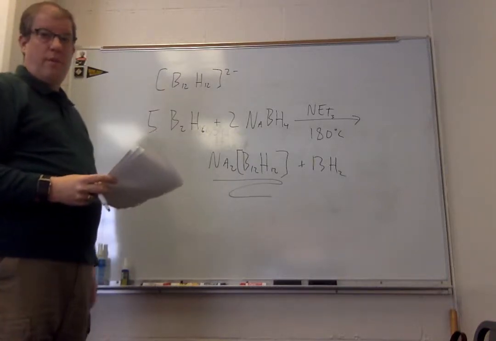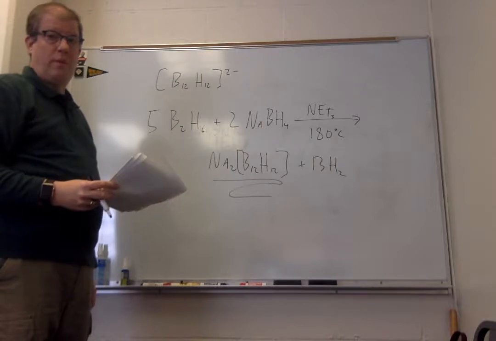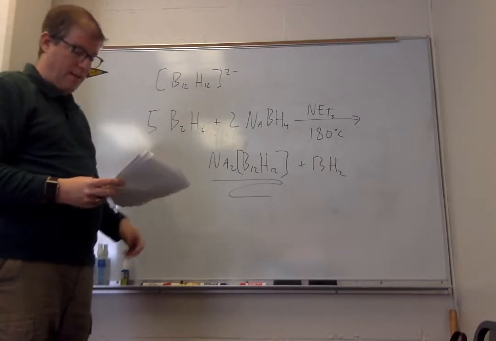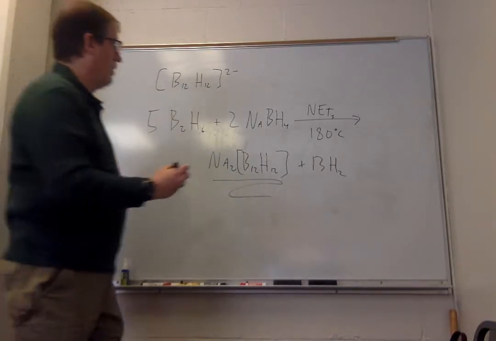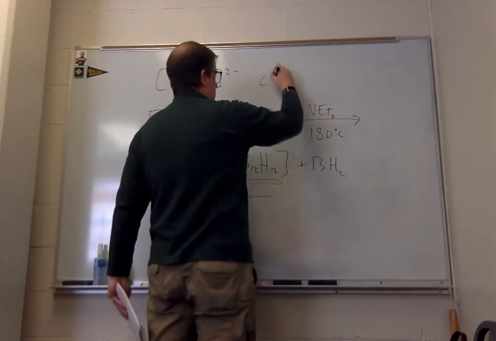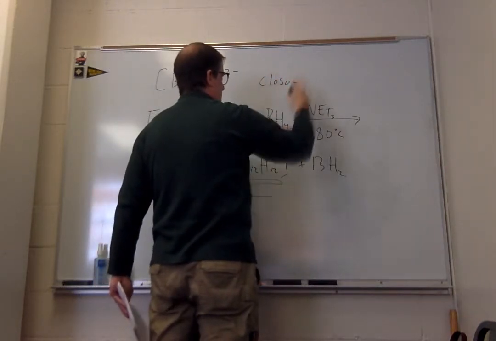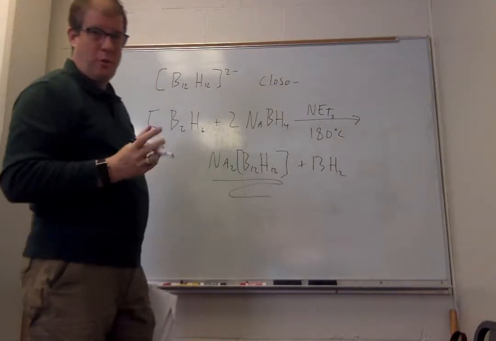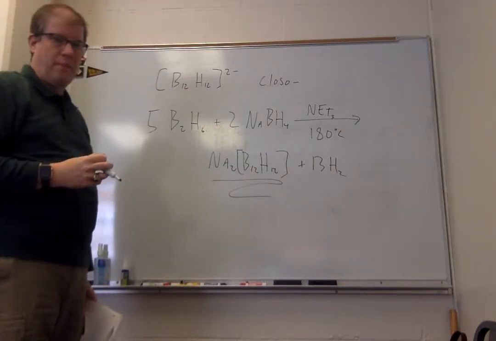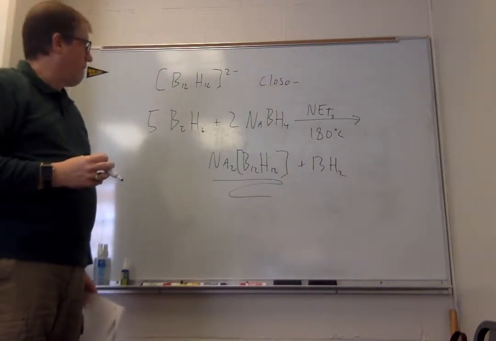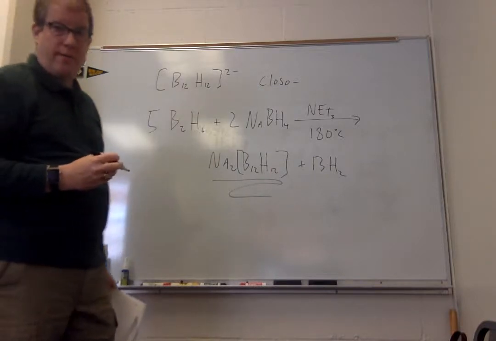This is the most common example of one of these things that you'll probably see. It does have, again, the closo structure, which we'll get into in just a few minutes as to what that means. And it's very stable.